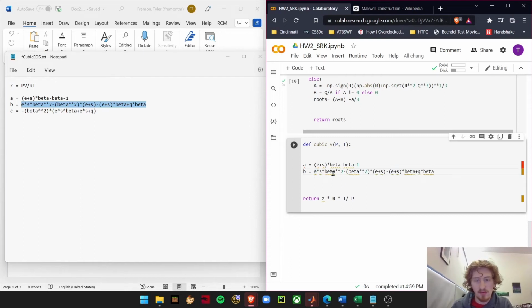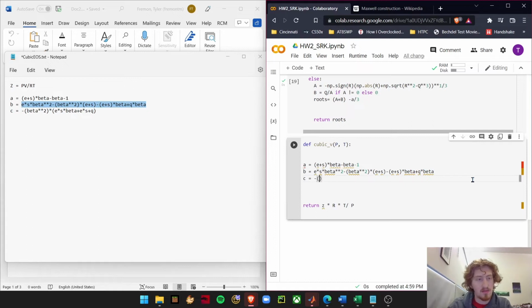And you can see it's epsilon times sigma times beta squared minus beta squared times epsilon plus sigma minus epsilon plus sigma times beta plus q times beta. And then finally our C is equal to negative beta squared times our epsilon times sigma times beta plus epsilon times sigma plus q.